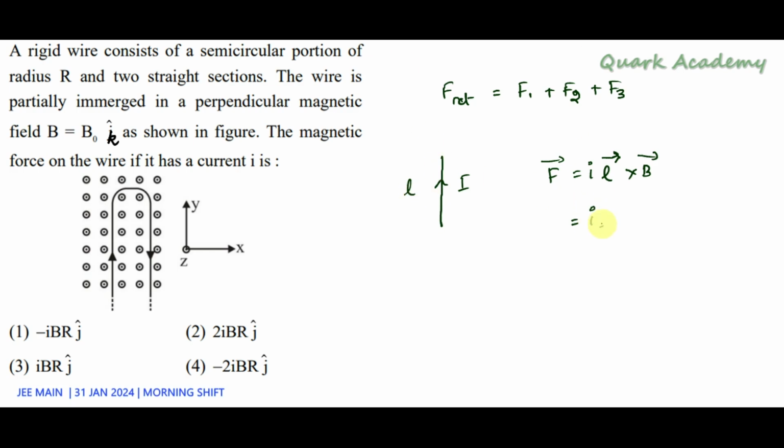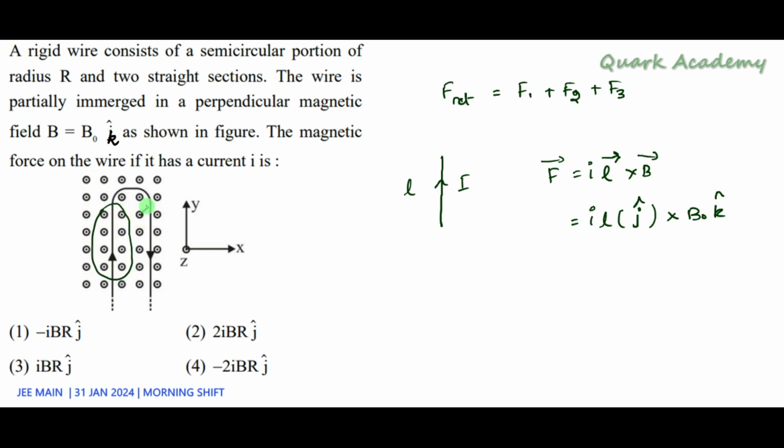So it will become I L, since based on this axis it is in j cap direction, and cross product with B0 K cap. So this is for this particular section.